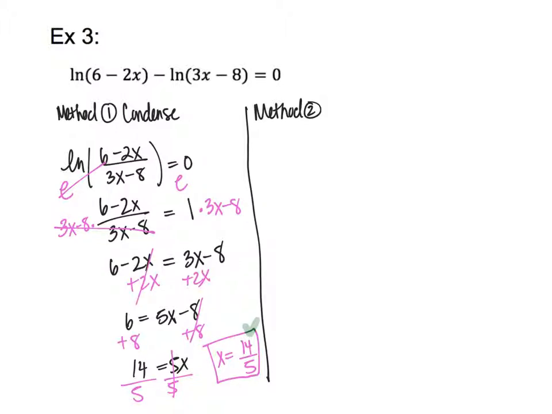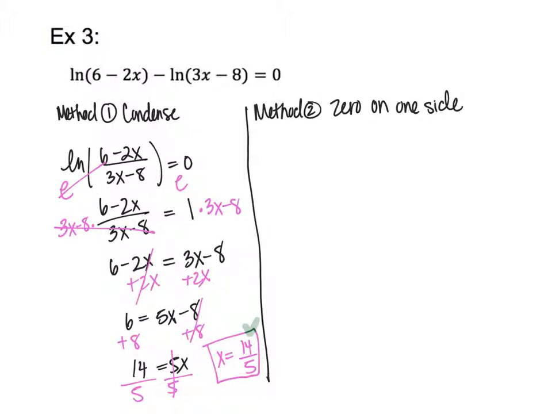Okay, so method 2. The first method was quite lengthy, right? So here's a really nice way you can solve this problem too if one side is 0. If you have a 0 on one side, I'll just keep it real simple and real direct.